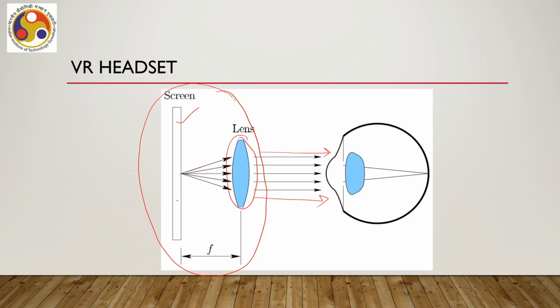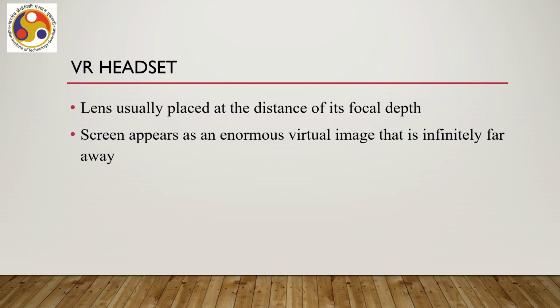And the distance between the screen and the engineered lens should be the focal distance of the lens, to get the best experience. So, to get the best experience, the engineered lens that is part of the VR headset is usually placed at the distance of its focal depth. The screen appears as an enormous virtual image that is infinitely far away. If we follow the first condition, then the second condition will be followed.